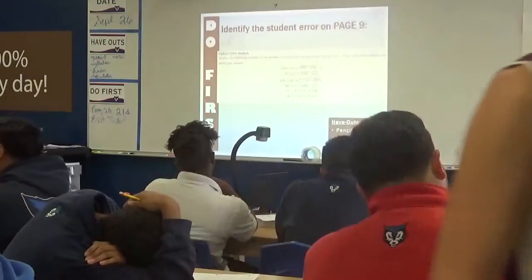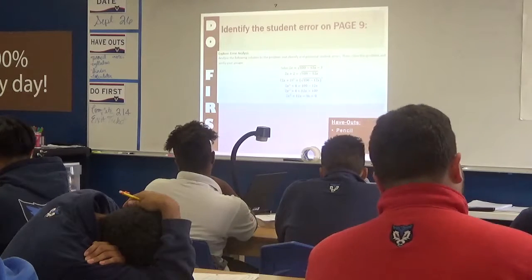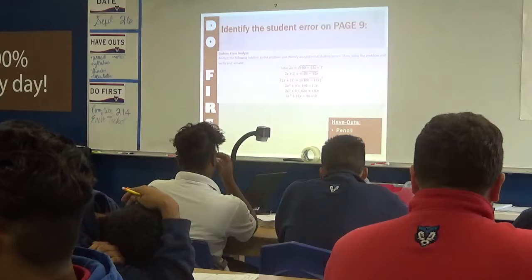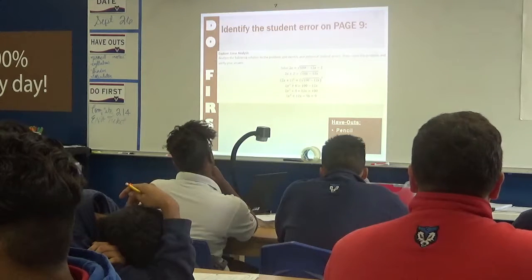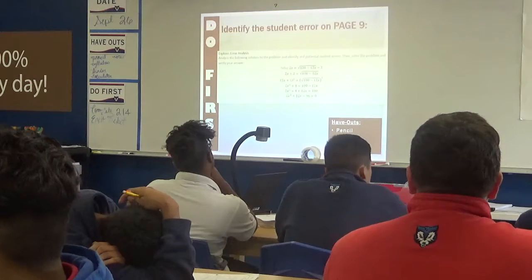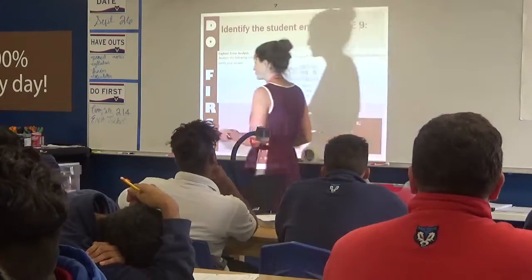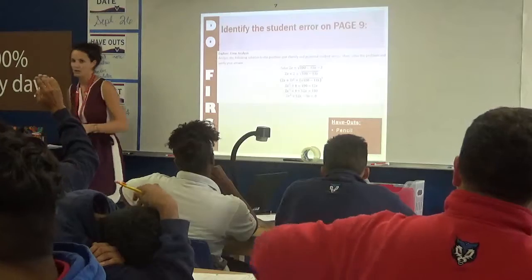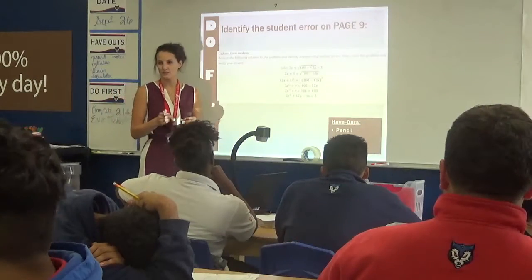Okay. All right, raise your hand if you can tell me where there is an error in this work right here. What did this person do? Where is the error in their work where they made a common mistake that we make? Catherine?